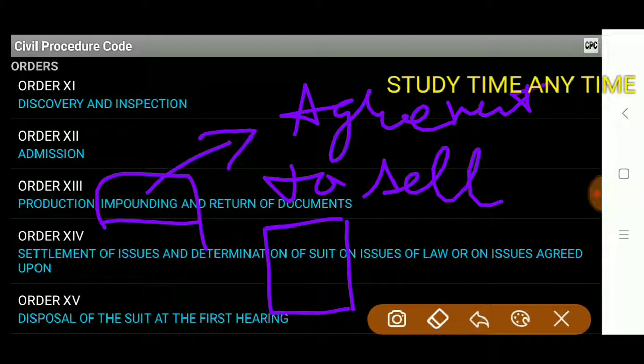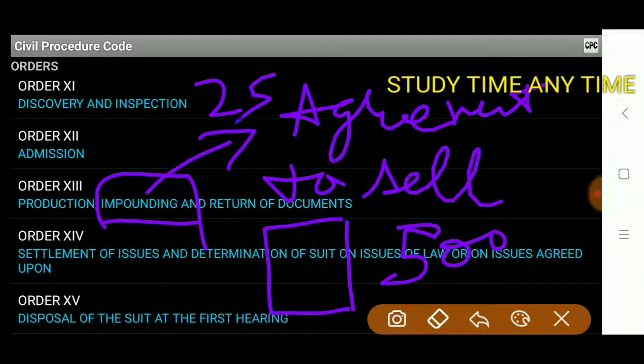For example, if you need the stamp of 500 for a proper agreement to sell and there is only a 25 rupees stamp on this, then the court may impound the document.